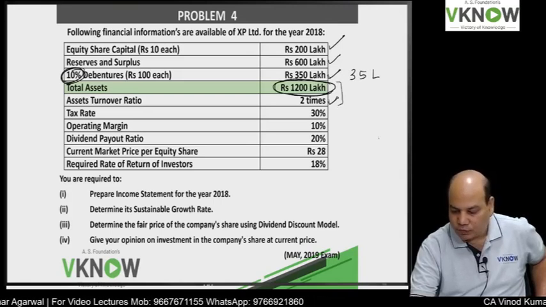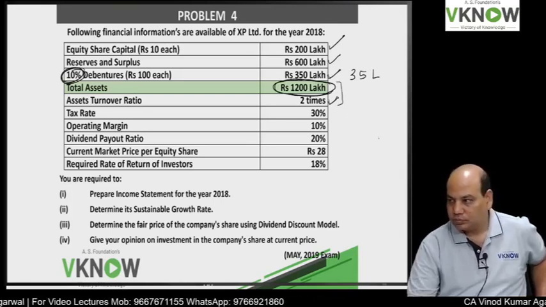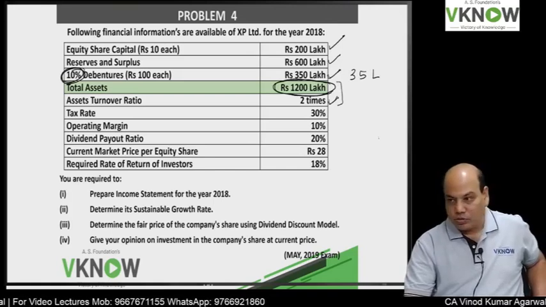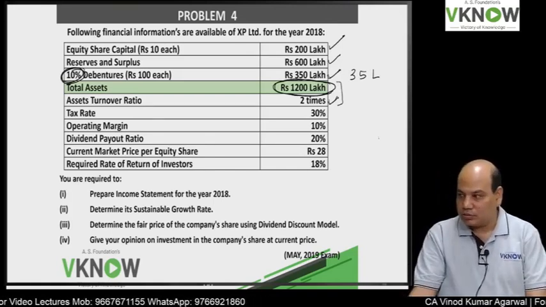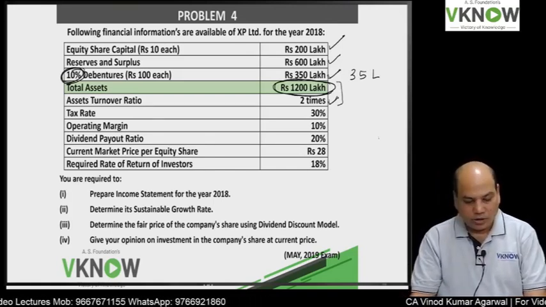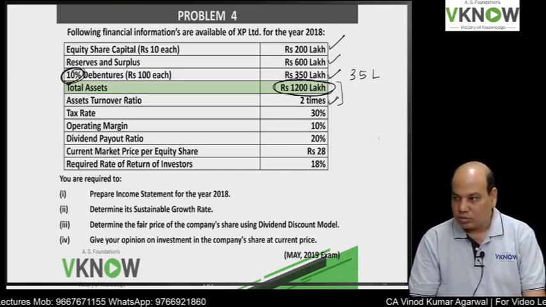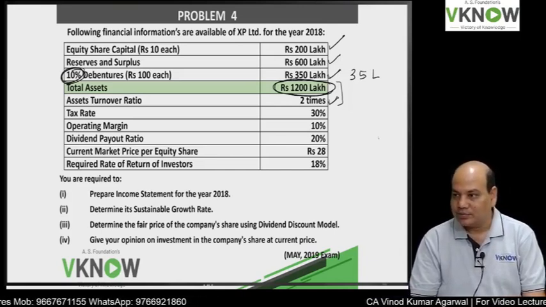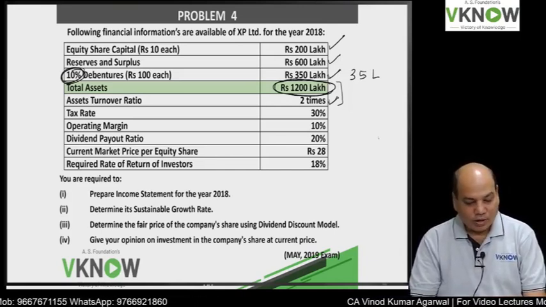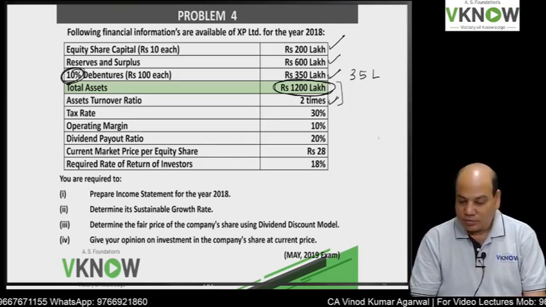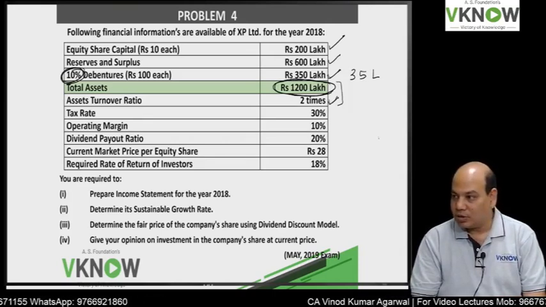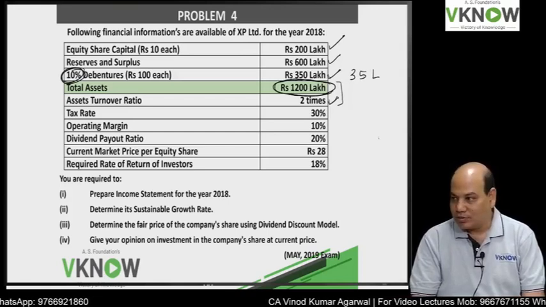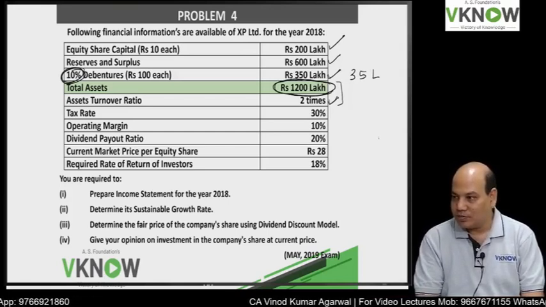Do you know the formula of asset turnover ratio? Anybody wants to reply? Asset divided by turnover or turnover divided by asset? I am getting two answers. What have you learnt in your ratio analysis chapter in that wonderful intermediate syllabus?